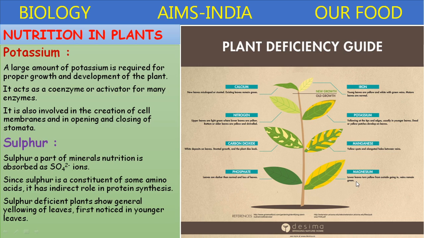Magnesium. The lower leaves turn yellow from outside going in. The veins remain green. See here, these are the veins and veinlets that remain green. It's a magnesium deficiency. Manganese: yellow spots and elongated holes between the veins.